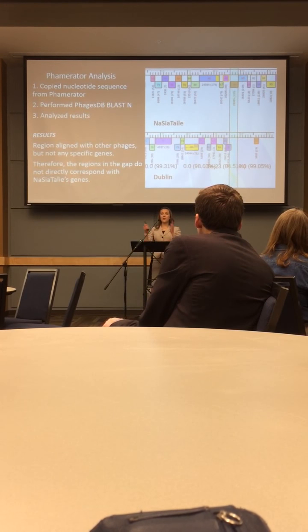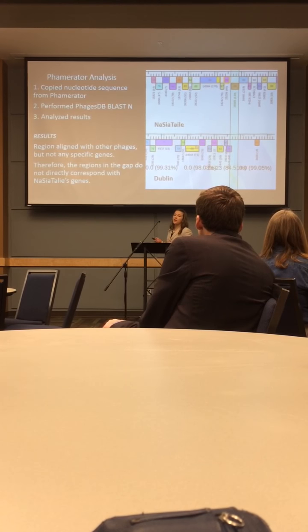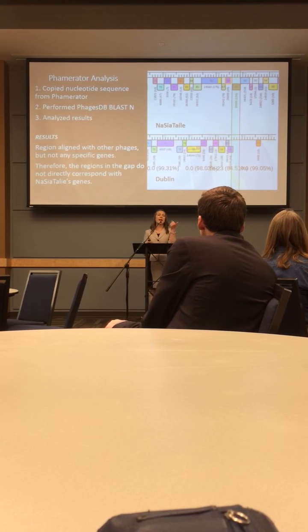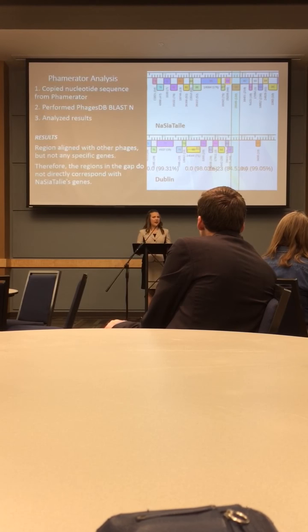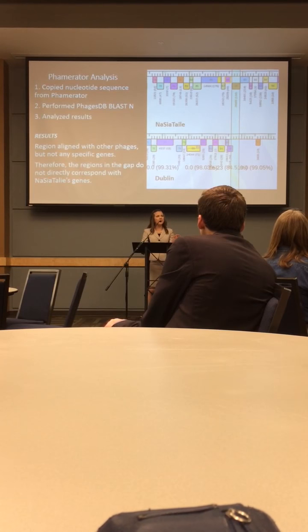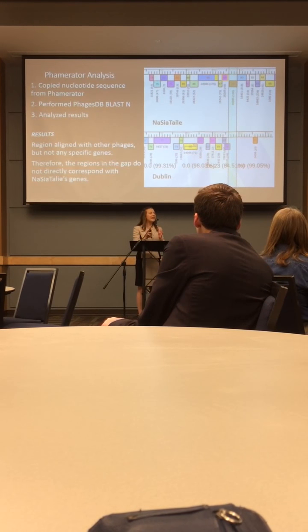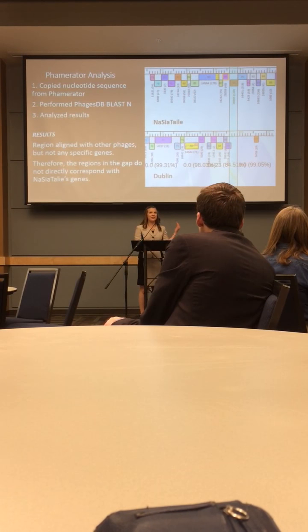Okay, so based off the fact that we could draw a reasonable comparison between Nasiatali and Dublin, we went back to FamWriter, and as you know, if you highlight a certain region, as is here, you can go ahead and get both the nucleotide and amino acid sequence. So at this point, we thought, okay, Nasiatali and Dublin are both in cluster A, which means they probably have some sort of common evolutionary ancestor, and Dublin might have strayed from the pack as it was jumping from phage to phage.